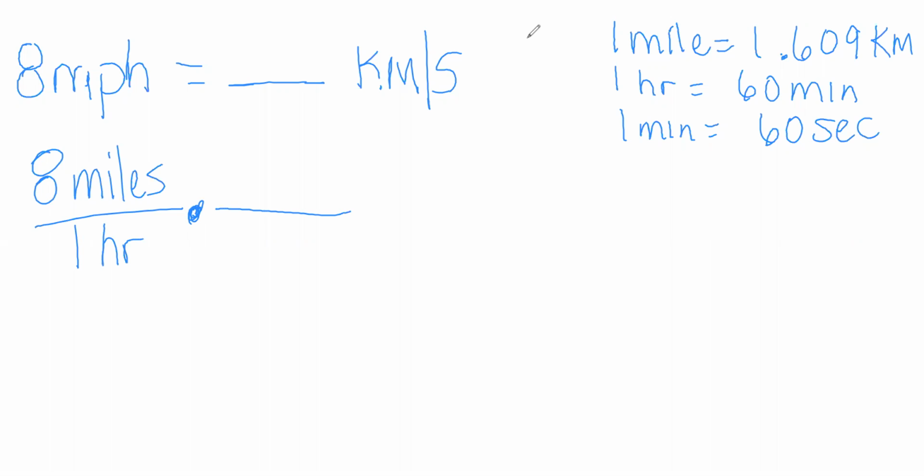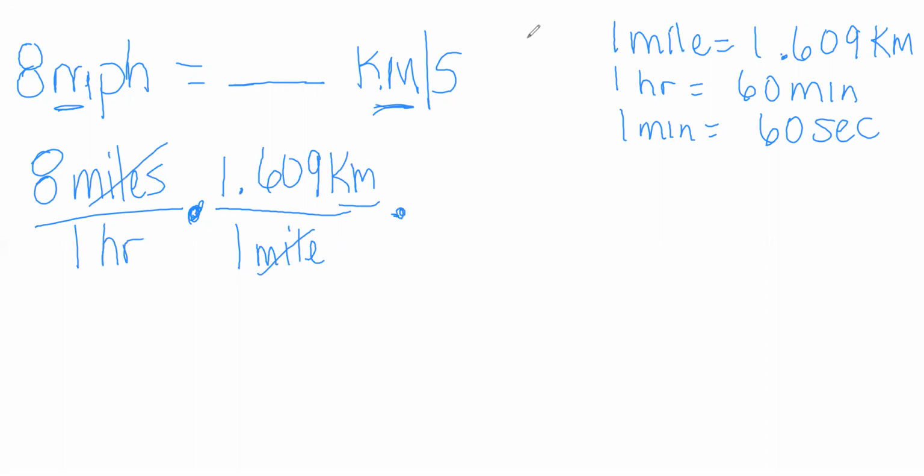Again, take one unit at a time. So miles to kilometers. All right, so we said for every 1 mile, we got to put mile on the bottom because we want them to cancel out. We said that equals 1.609 kilometers. So cross out miles. Now we are at kilometers. That's where we want to be. So we're done with the length units.